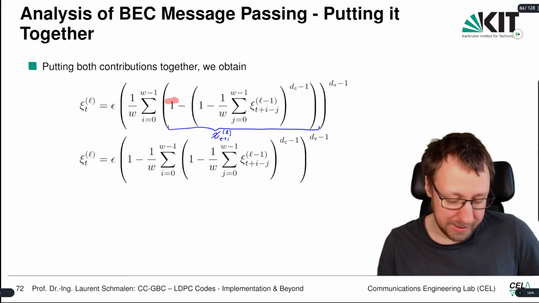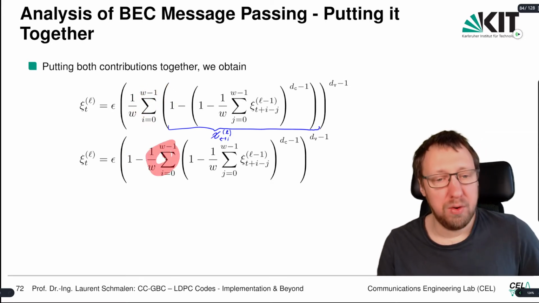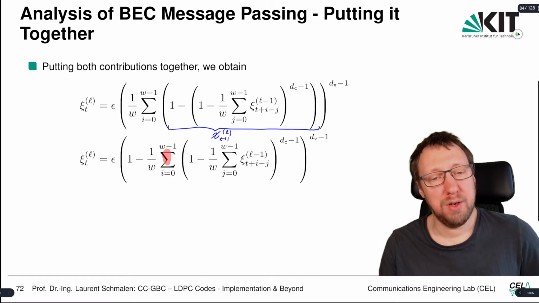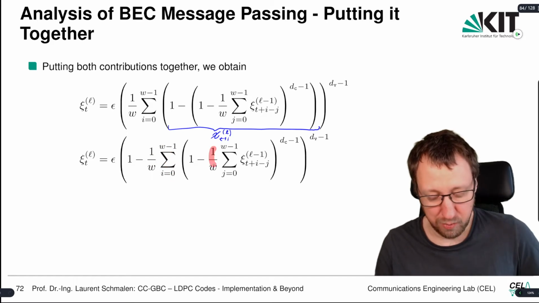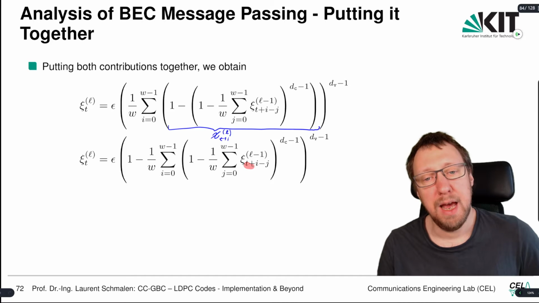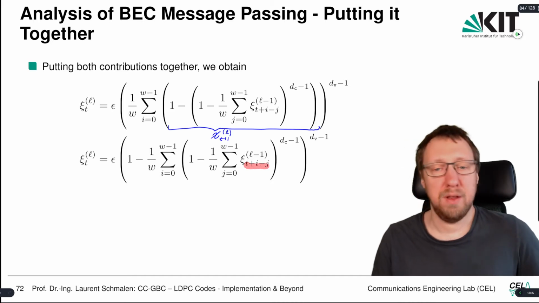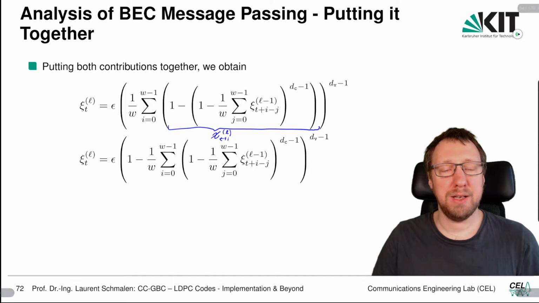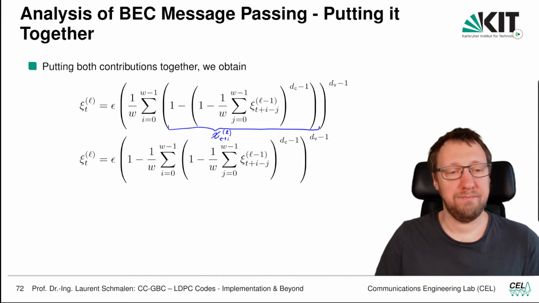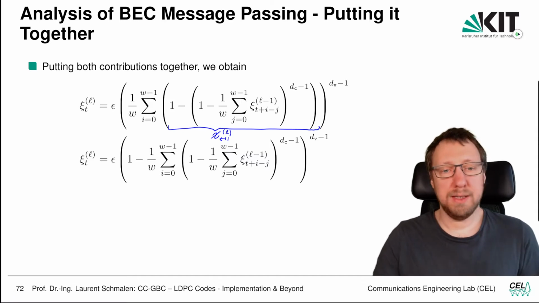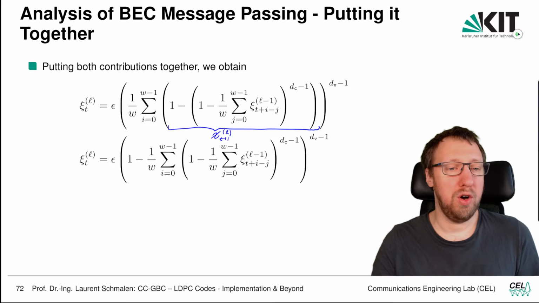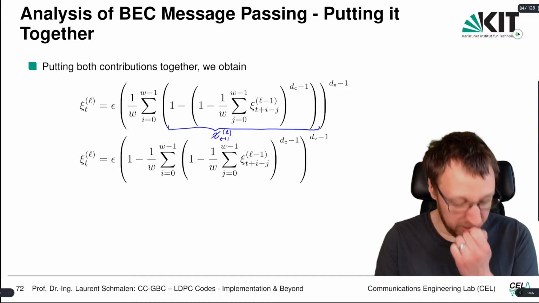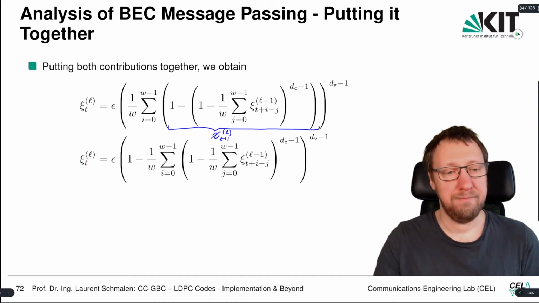So 1 minus 1 over w, sum from i going from 0 to w minus 1, times 1 minus 1 over w, sum going from j equals 0 to w minus 1 of c_{t+i-j}, to the power dc minus 1, to the power dv minus 1, as we are used to. So this is the final expression for the density evolution for spatial position t.